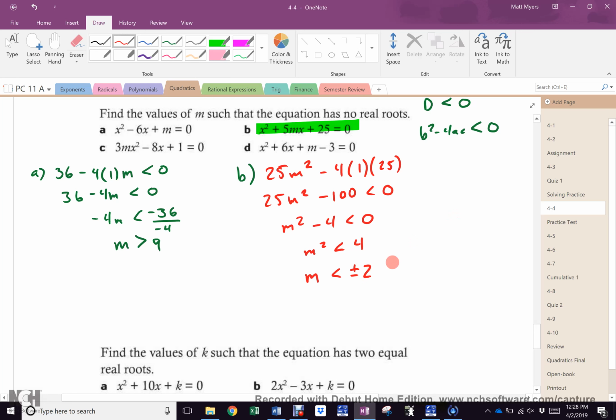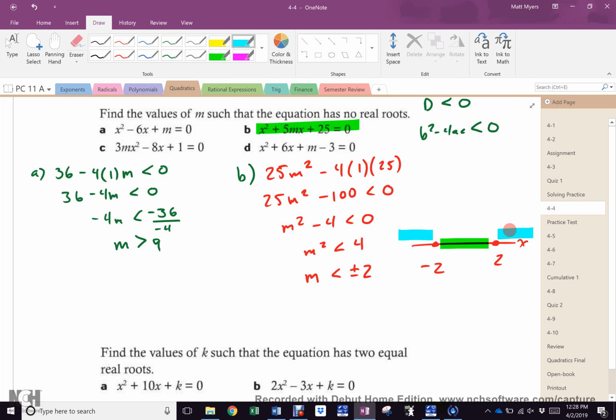I know that on my number line I have an x at 2, and I have another x at negative 2, right? Everyone agrees? So my answers have to be there or there, right?